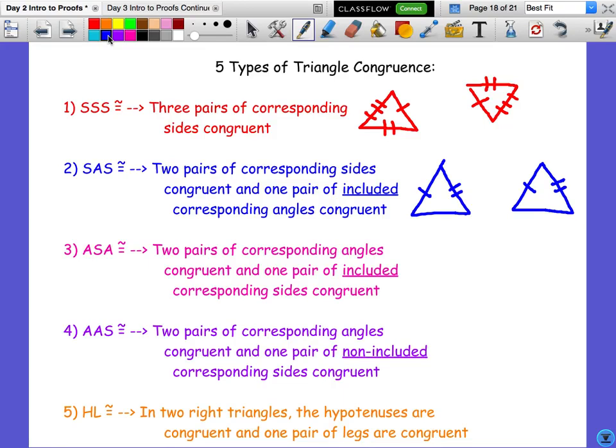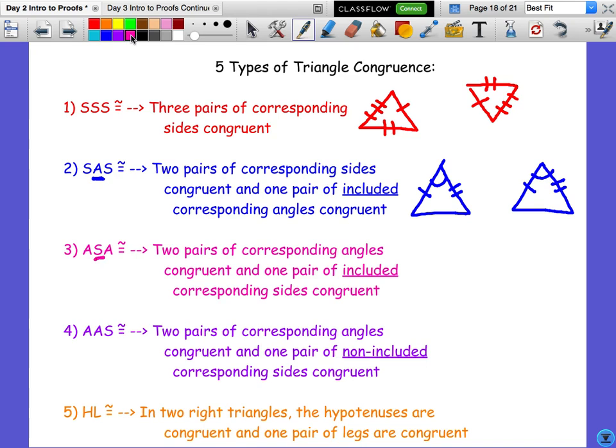And then I'm going to mark the angle in between them, or included, as congruent. So that now I have 2 sides and the angle in between. So notice, side angle side has that sandwiching effect. That's how we know it's an included angle. So we have 2 sides and an angle in between.